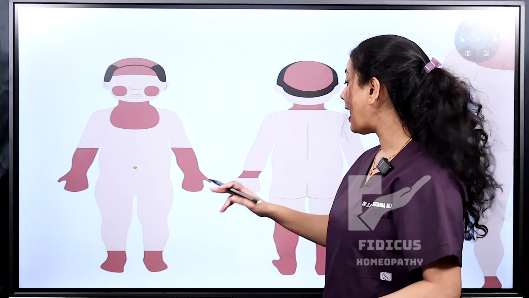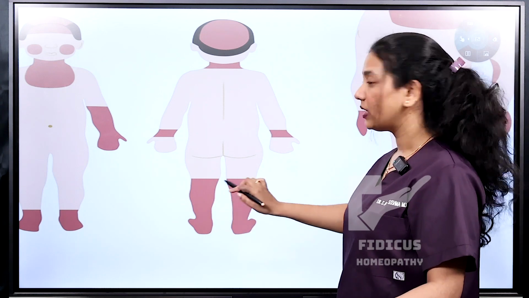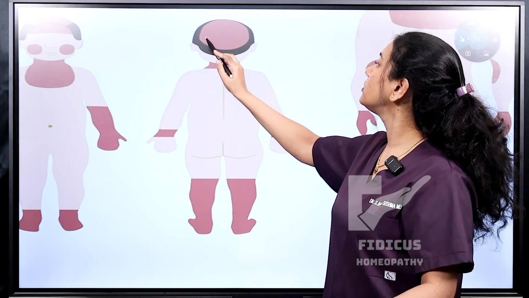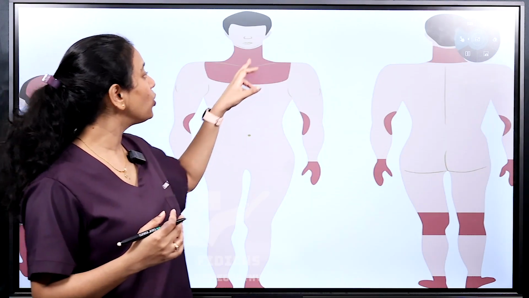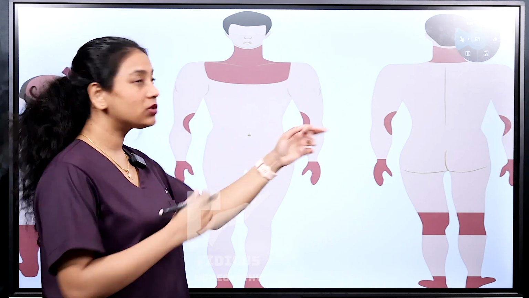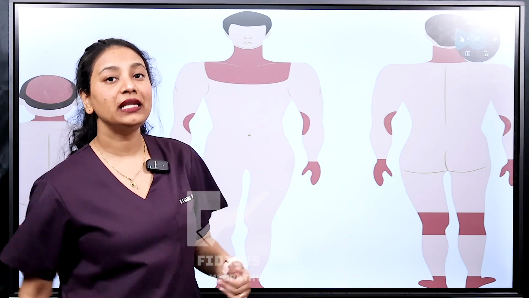This part and the back of the leg, as you can see here, are also more susceptible parts for infants, and also the scalp part. If you're coming to the adults, then the more susceptible part is the neck and the collarbone region, and also inside near the folds, elbow fold, knee fold.